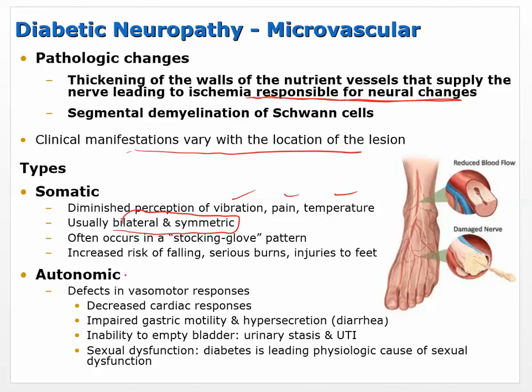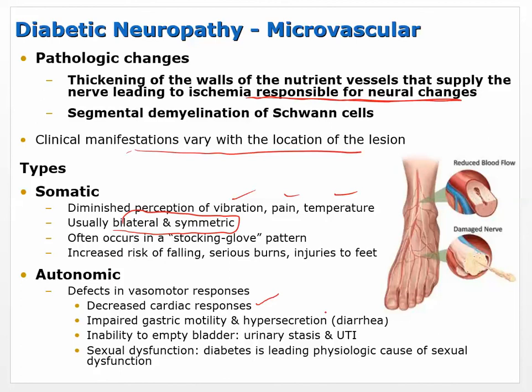However, autonomic could be defects in vasomotor responses. So that means maybe there are neurons being damaged that are causing cardiovascular or cardiac responses, gastric motility. We can't really see those, they're not our feet, but you can have decreased neuronal signaling going to those as well.